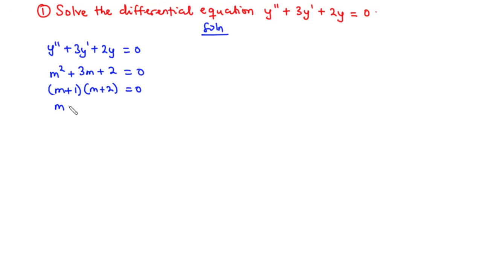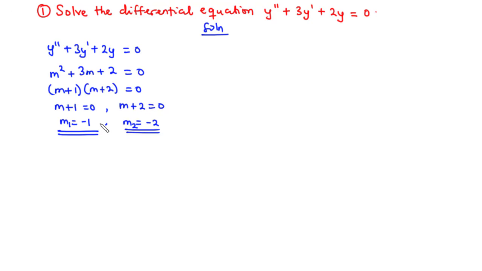So first we have m plus 1 equals 0, we have m equals -1. And then next we have m plus 2 equals 0, and then we have m equals -2. So we can call this m1, and then we call this m2.